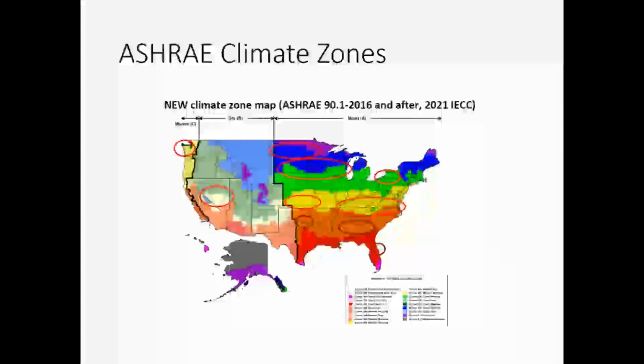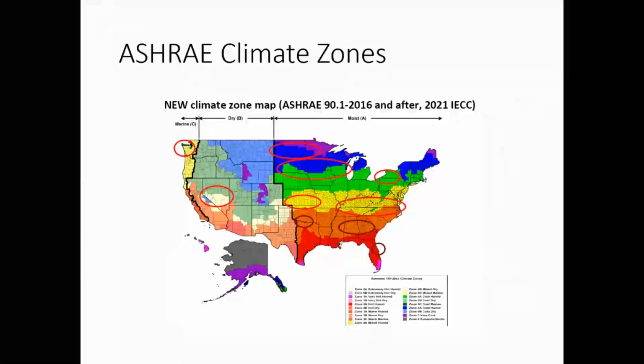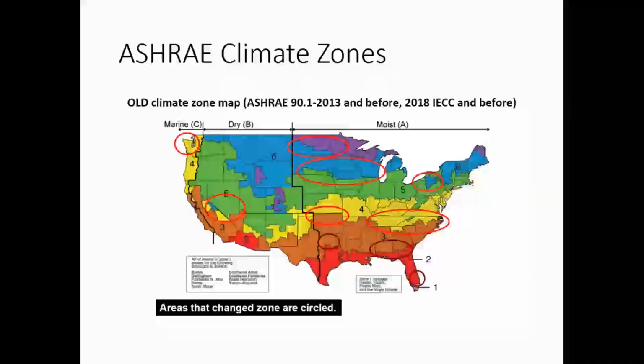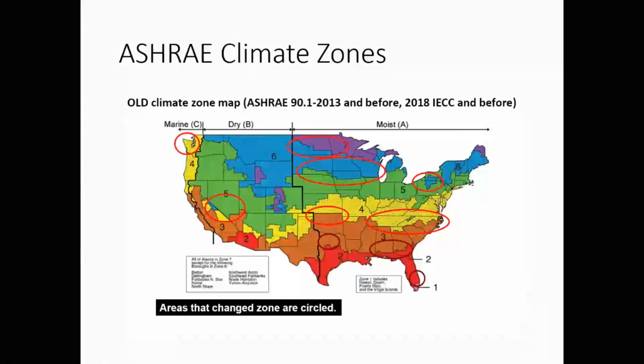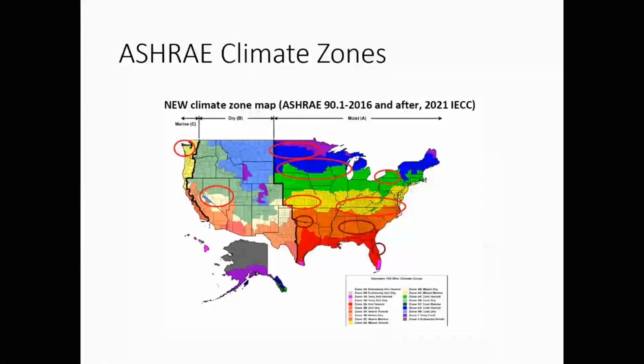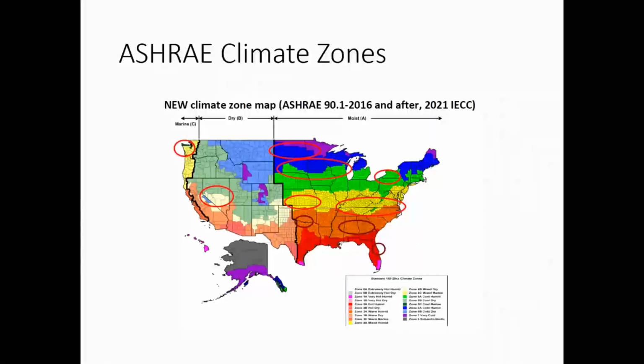So if you look at the difference in the zones in North Carolina, more of North Carolina is going from climate zone 4 to 3. North Carolina is warming up. So you can see that big change here in this area going from 4 to 3, warming up.